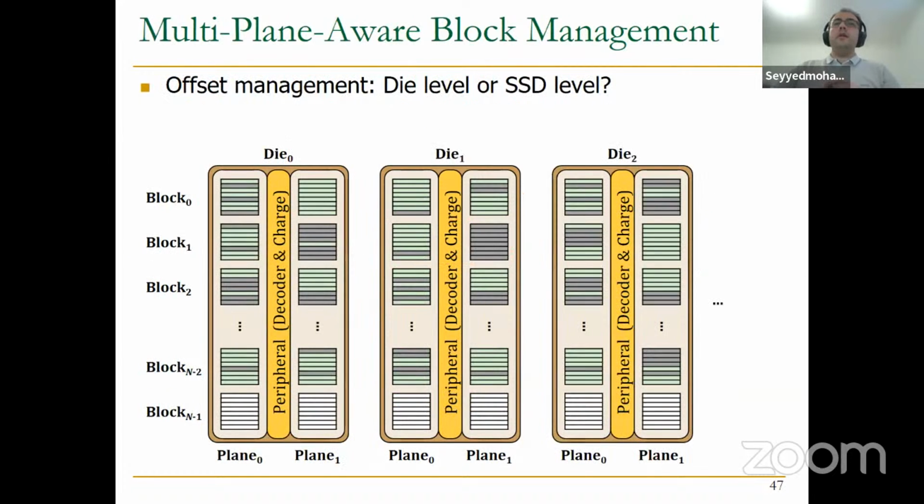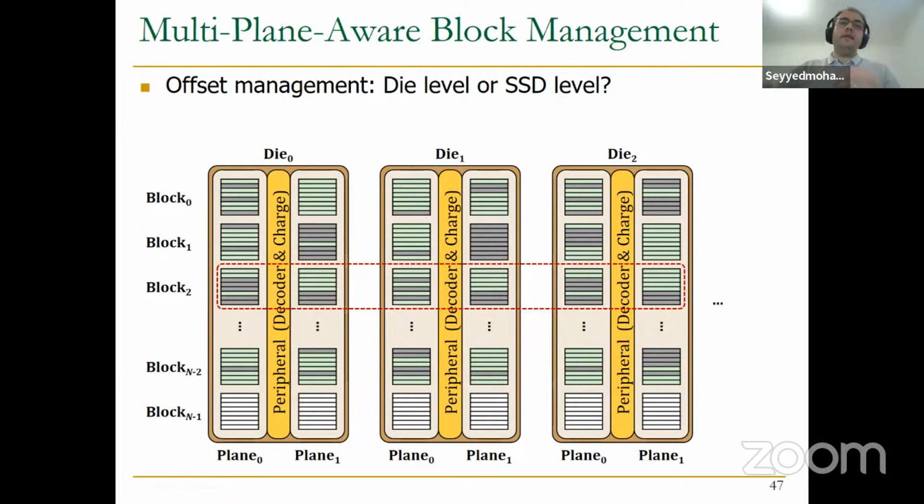Okay. So the concept of superblock can also be extended to more planes. It shouldn't be only in one die. You can have a superblock across different dies. So here we can have, for example, die 0, die 1, die 2. We consider the blocks at the same offset as a superblock.